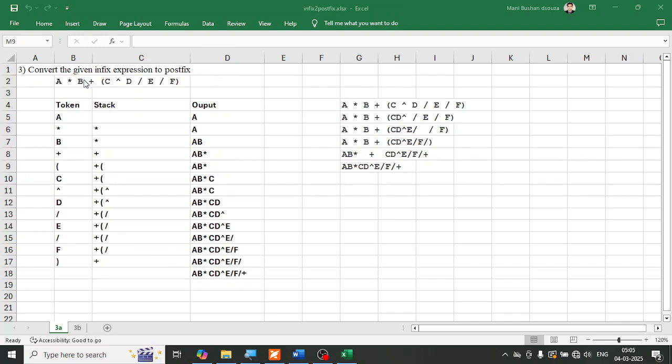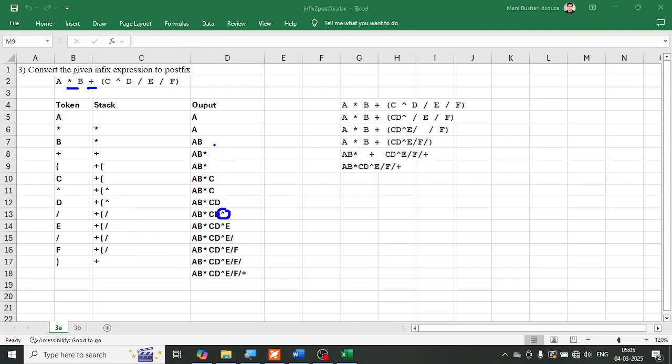In infix, the operators are in between the operands. That's why it is infix. In postfix, operators tend to be outside, that is, after the operands.